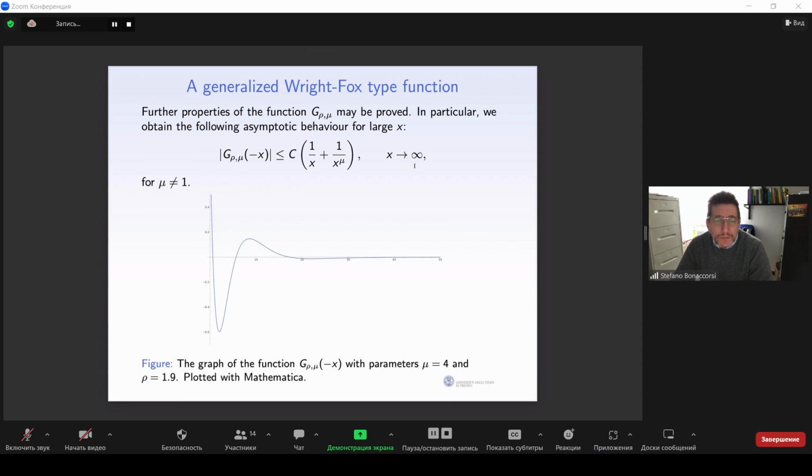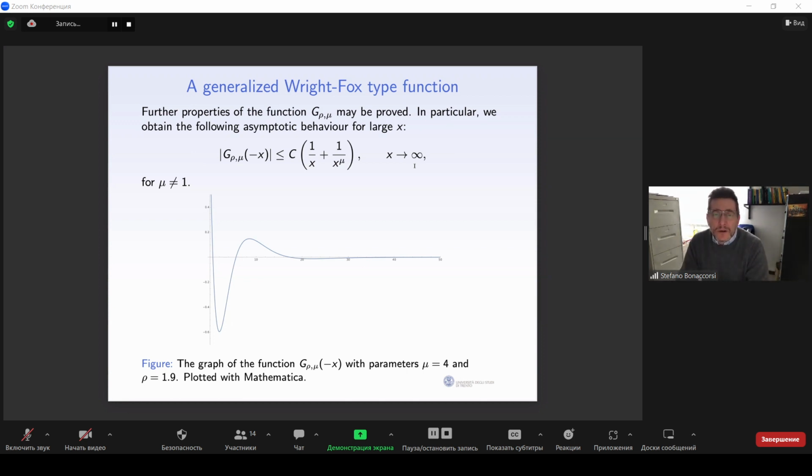Moreover, we can prove that this function behaves like the analogous Mittag-Leffler function, so it is not positive, it oscillates around 0, and it converges to 0 on the positive semi-axis when I send x to infinity, with an order of convergence that can be estimated explicitly.